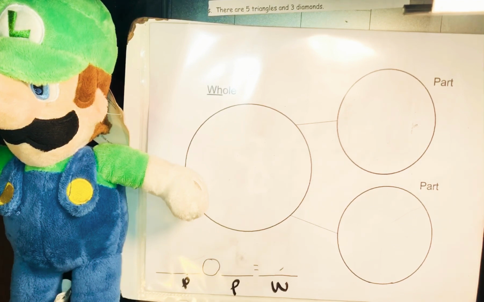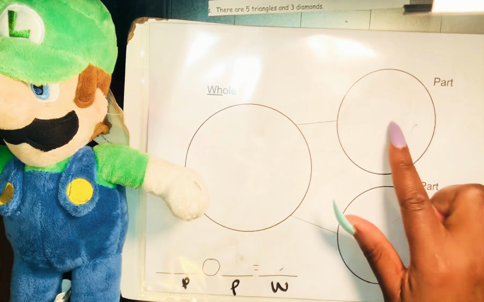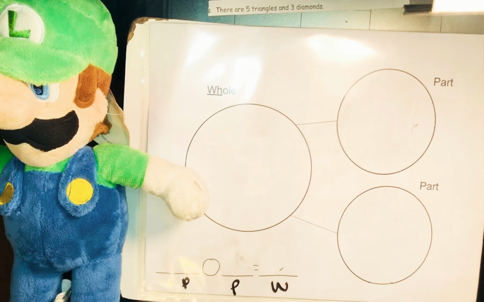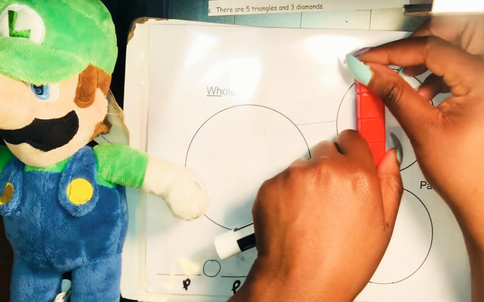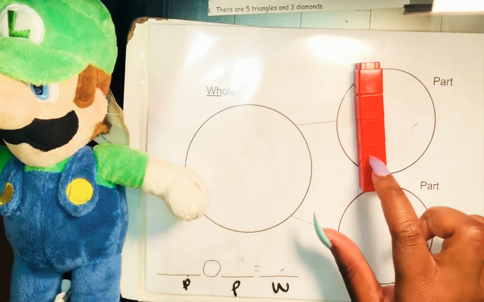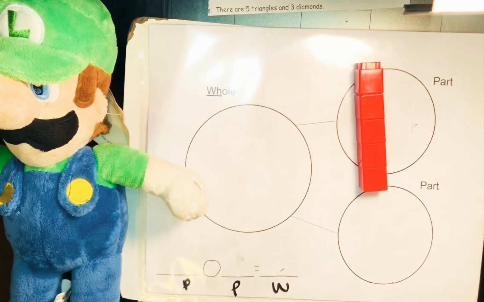Okay, let's try it over. Let's try it together. So I have 5 triangles. So how many should I put in my part? If you said 4, that was not right, because how many triangles did I have? 5. So I need to make sure I put 5 in here. 1, 2, 3, 4, 5. I have 5 triangles. And how many diamonds do I have? 3 diamonds.